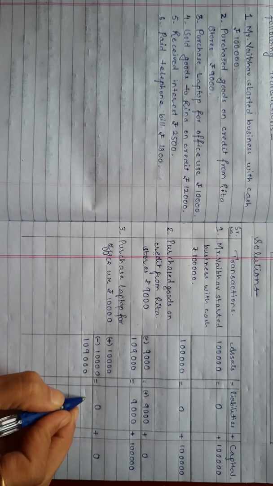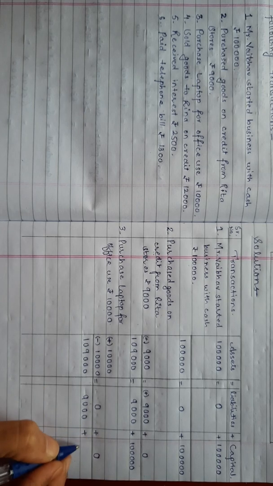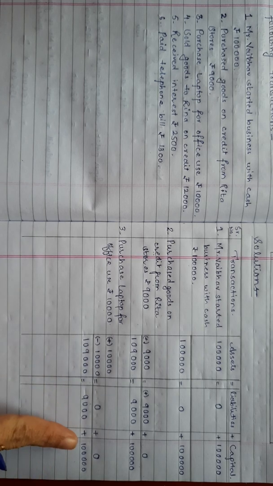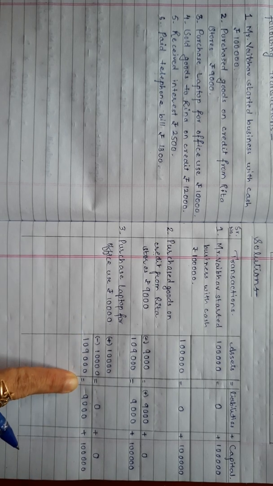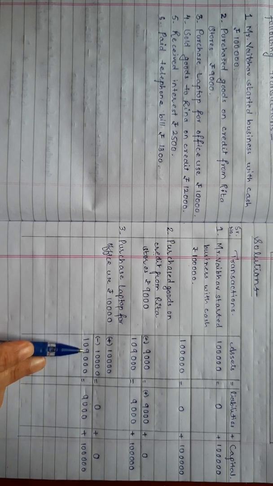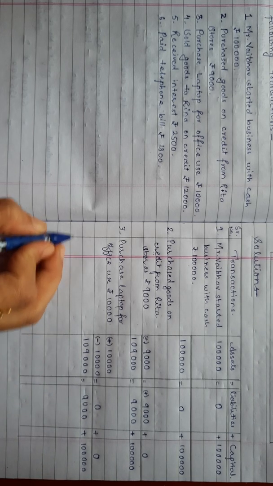This 9,000 plus 0 is 9,000, plus 1 lakh plus 0 is 1 lakh. Now check the right hand side and left hand side. The right hand side is 1 lakh plus 9,000, the total is 1,09,000 and the left hand side is already 1,09,000. So it is equal. Now go for the fourth one.